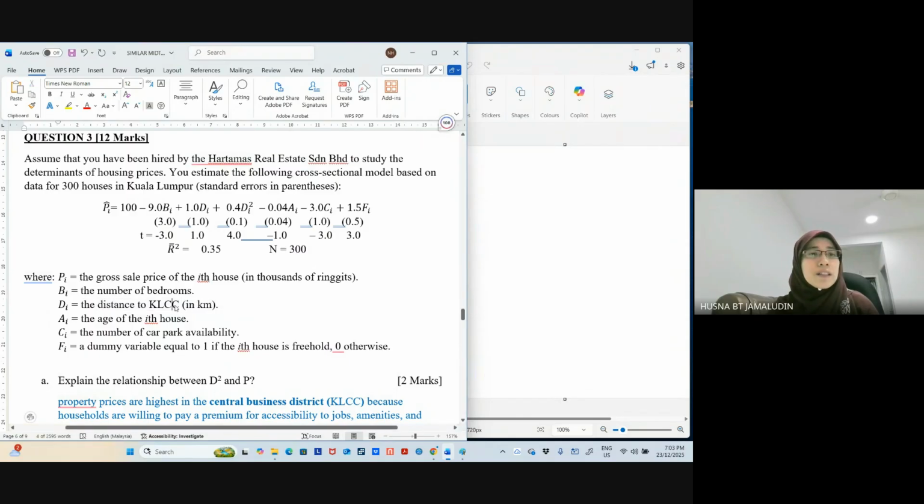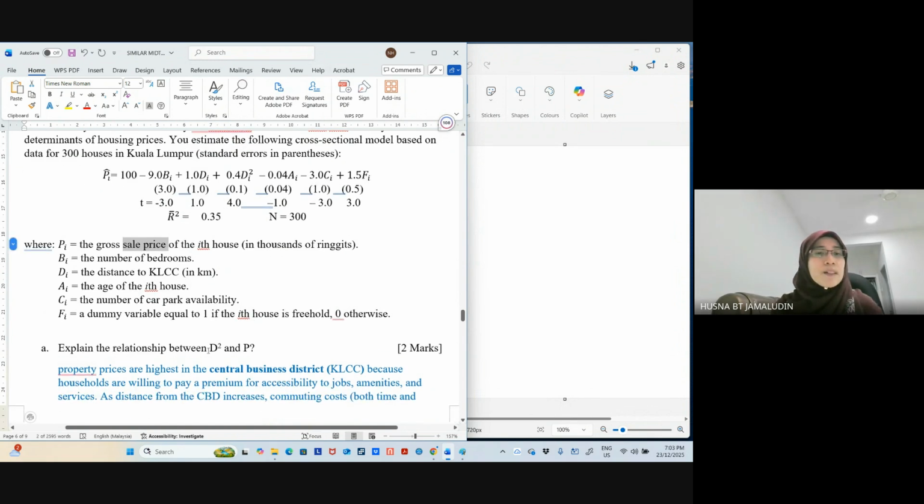So you expect that the closer your house is to the KLCC, the more benefit you will get. Of course, the higher the sales price of the house. So the higher the distance, of course, will reduce the house price. So you have to explain the relationship.